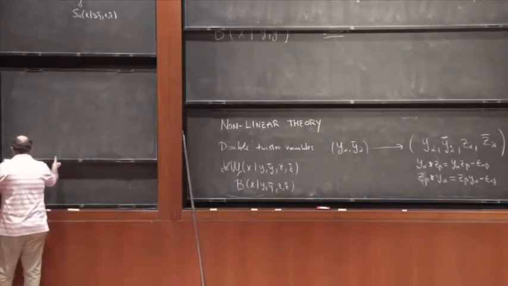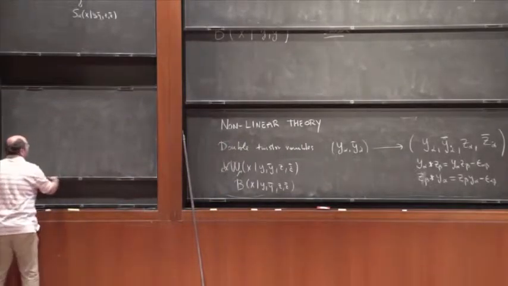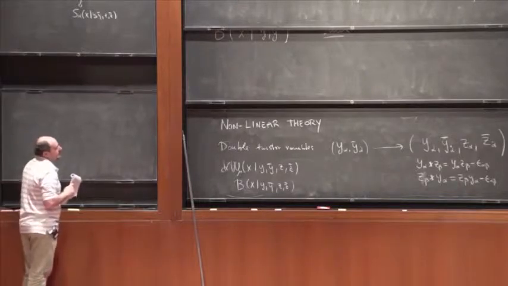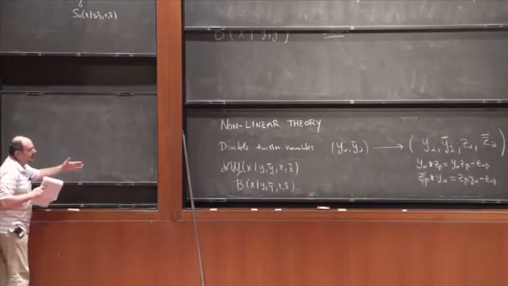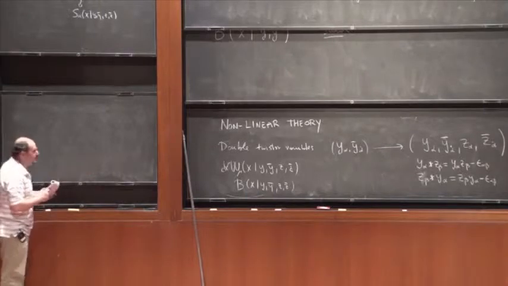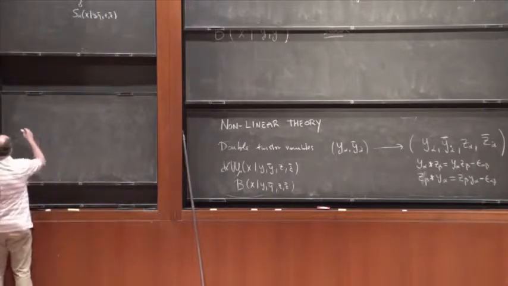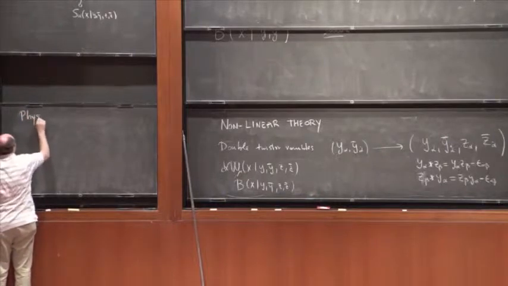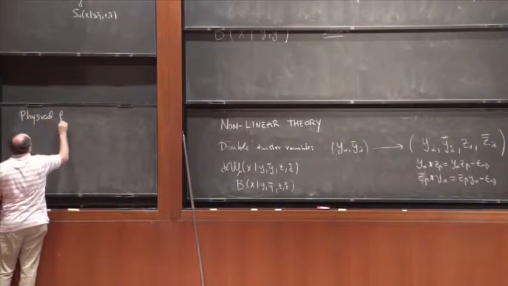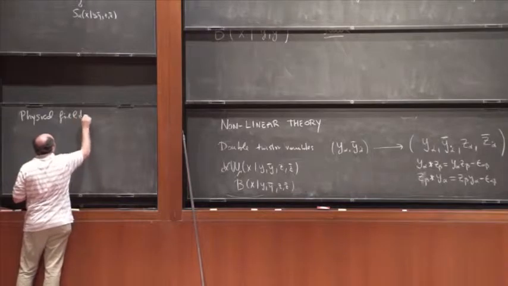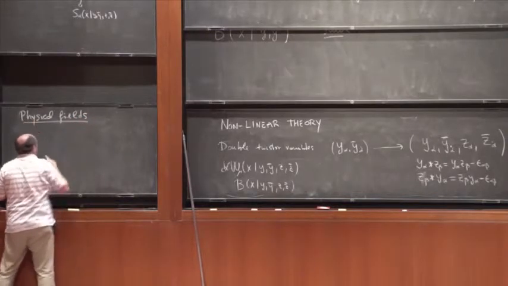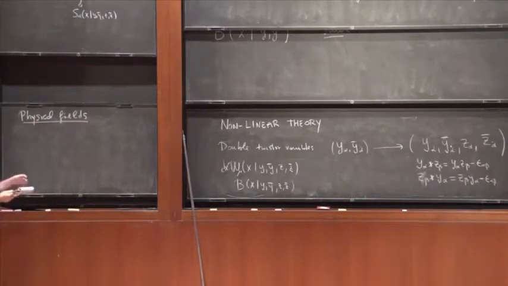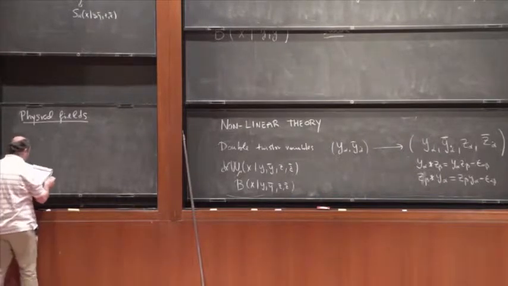Okay. So just to repeat what I said, so that you have in mind, in the end, what are the fields that actually contain the physics. The prescription is that the physical fields are obtained by projecting down to z and z bar equal to 0 parts of all these big fields.